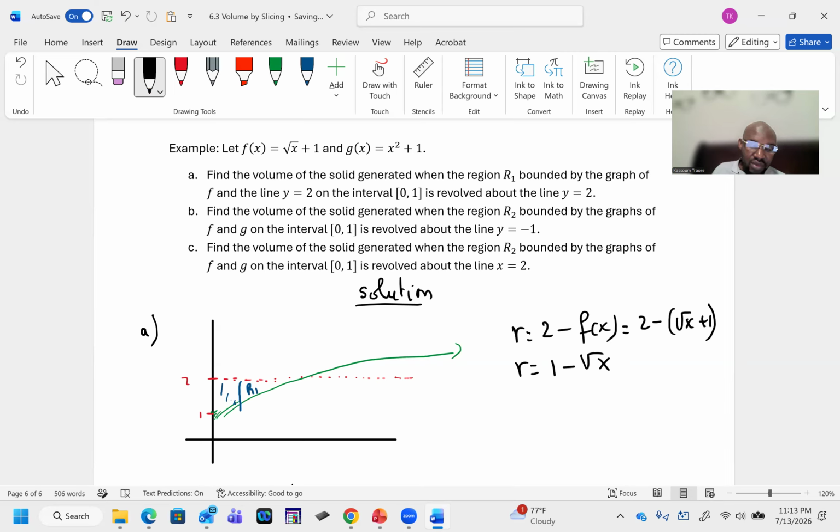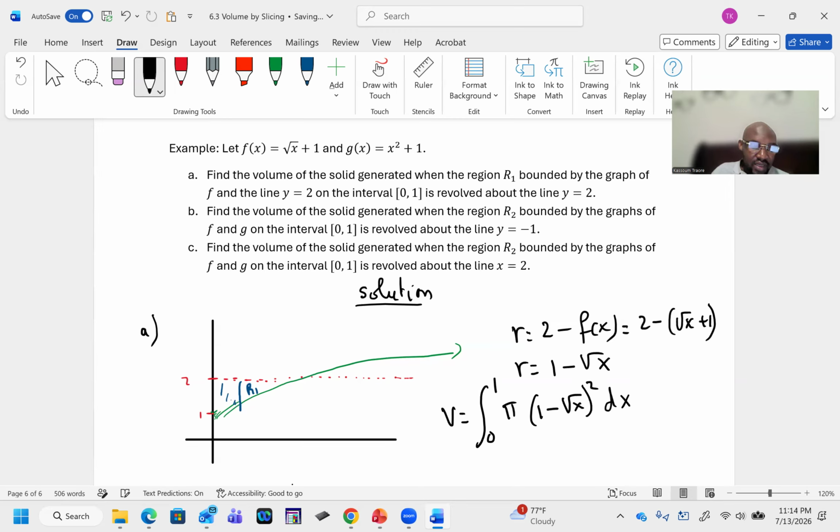Therefore, the volume of the solid generated when R1 is revolved about y equals 2, V will be the integral from 0 to 1 of pi times 1 minus square root of x, squared, dx.